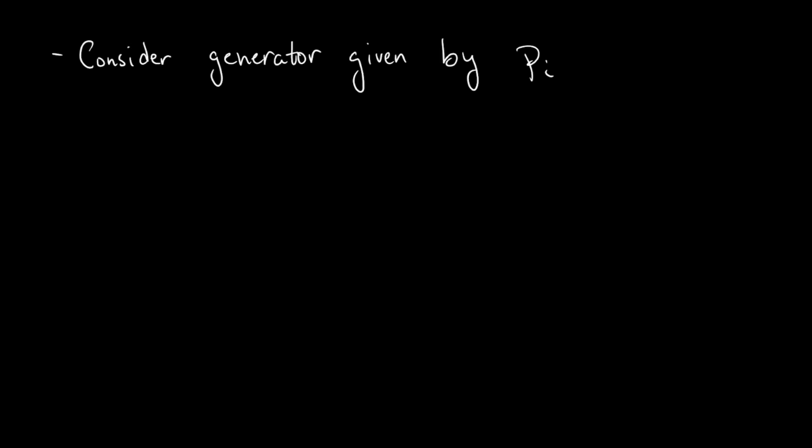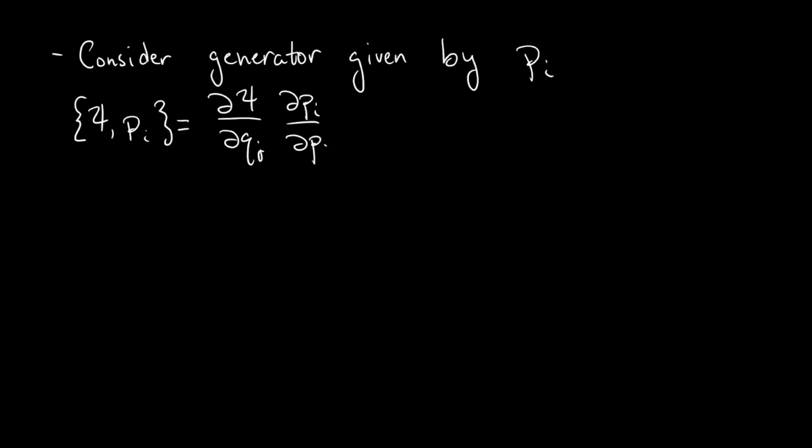In that case, we can write out our Poisson bracket with p_i. This is ∂ψ/∂q_j ∂p_i/∂p_j minus ∂ψ/∂p_j ∂p_i/∂q_j.